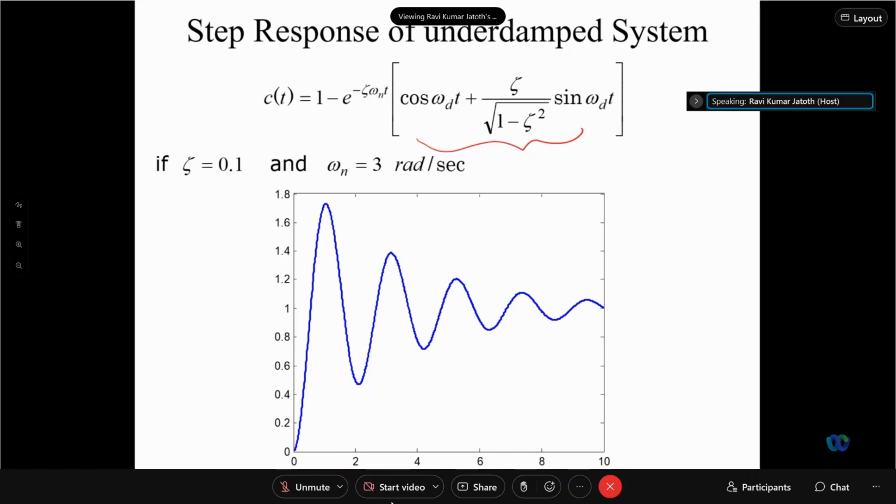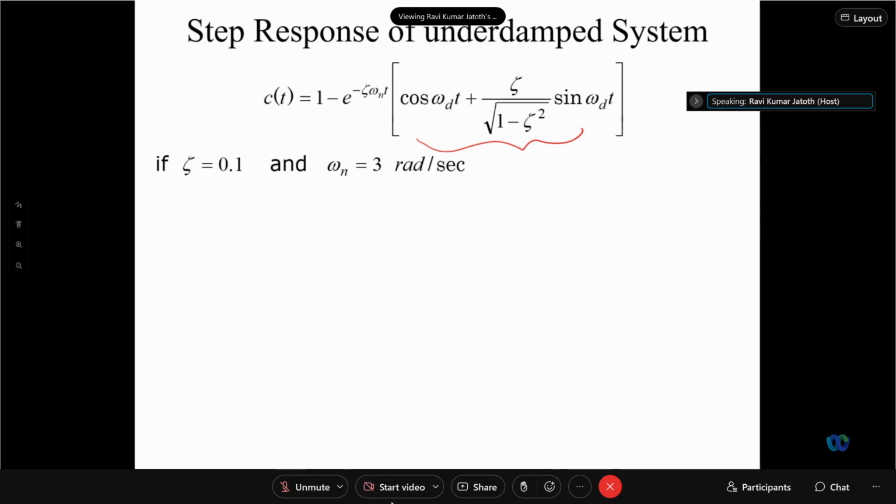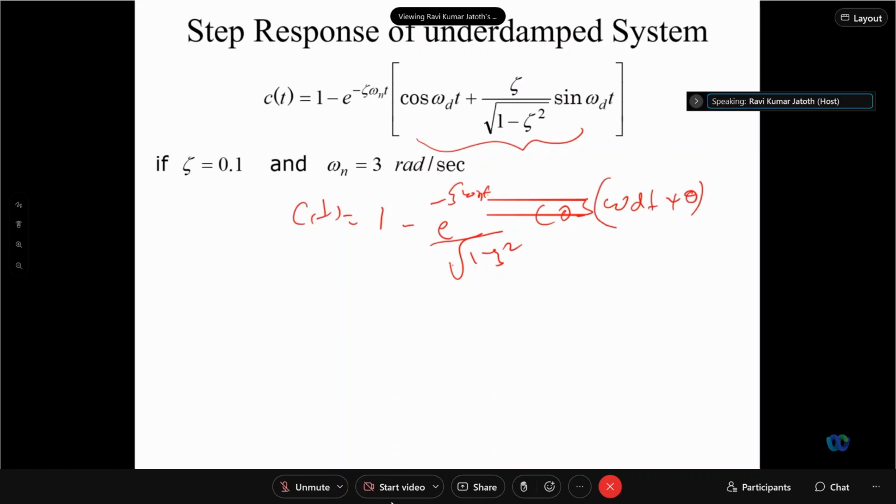So if you simplify this, C of t is equal to 1 minus e power minus zeta omega n t by under root 1 minus zeta square, into sin omega d t plus theta.